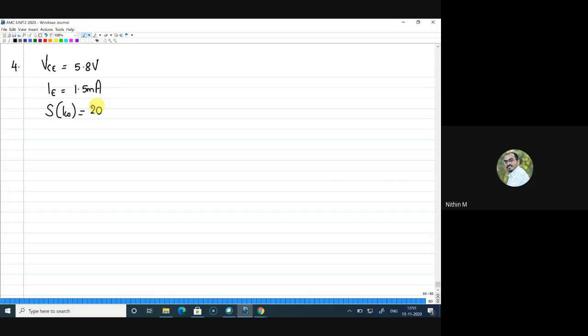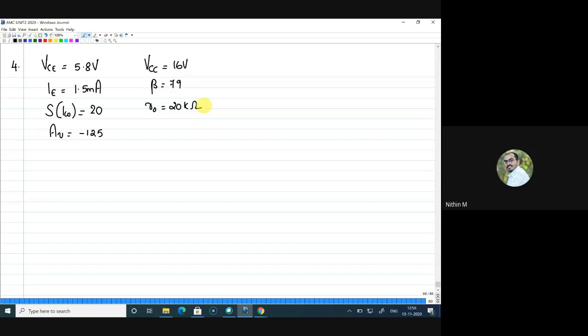Also given that the small signal voltage gain of the circuit is equal to minus 125, and you should take VCC as 16 volts, beta as 79, and R naught as 20 kilo.